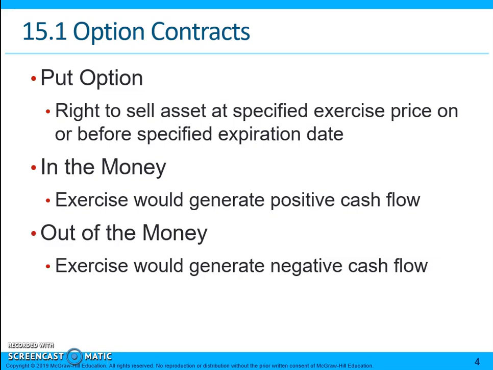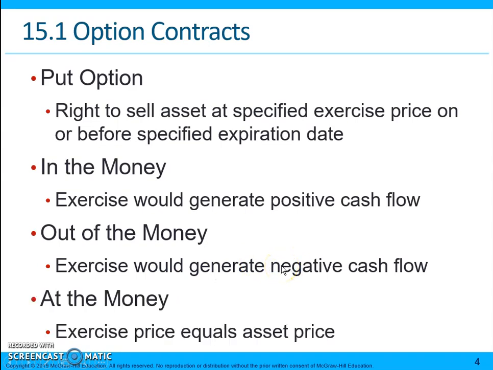Out of the money means that exercise would generate a negative cash flow, and then at the money is when the exercise price equals the asset price.